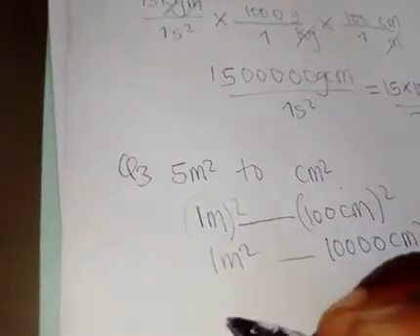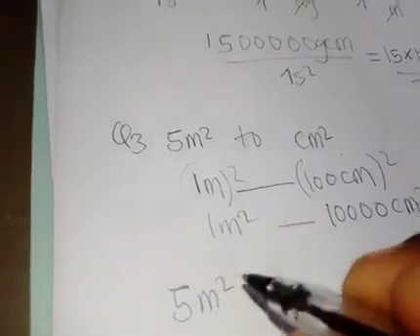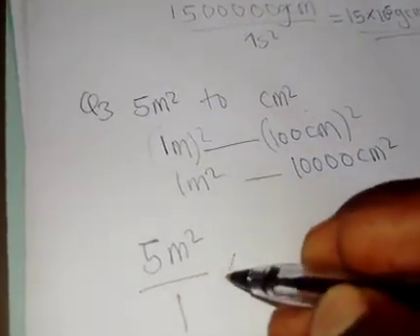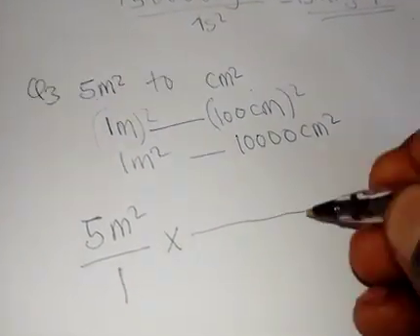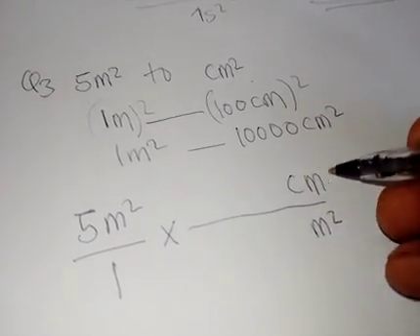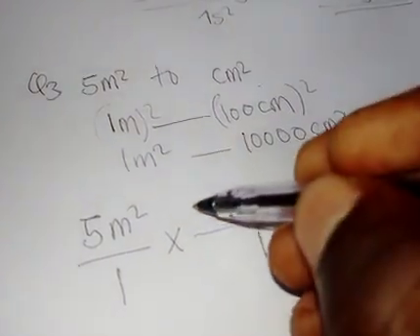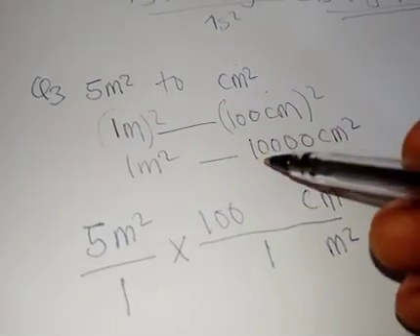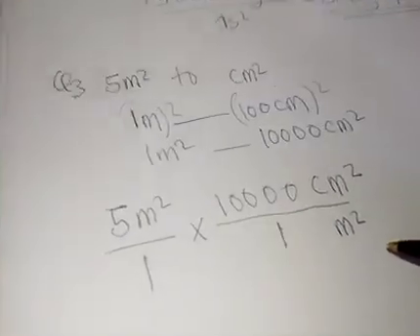Let's use the chain link conversion. What have we been given? 5 meter squared over 1. Multiply by, so we have to get rid of that meter squared. Down there we should have meter squared, then on top centimeter squared. What is our conversion factor? 1 meter squared gives us 10,000 centimeter squared.